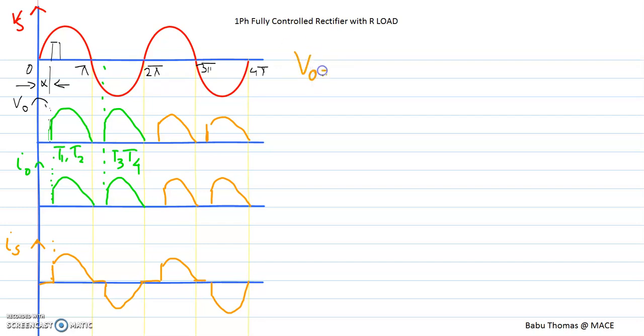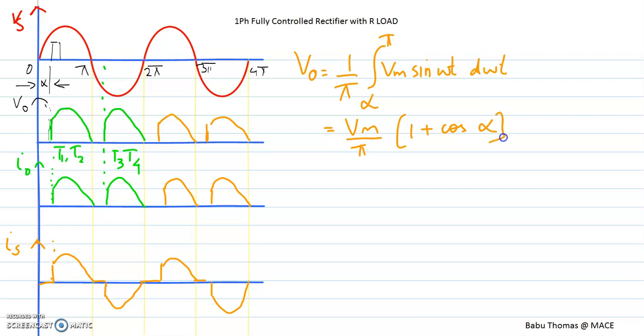You can solve it and you will get your answer as Vm by pi into 1 plus cos alpha. Again I naught is nothing but Vm by pi R into 1 plus cos alpha.